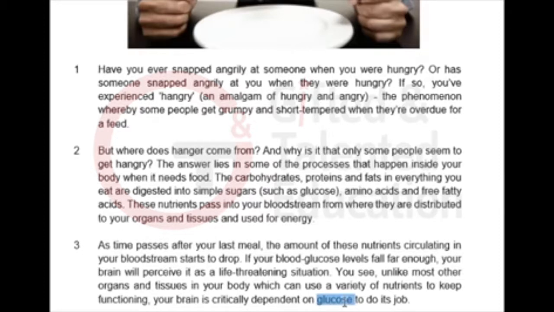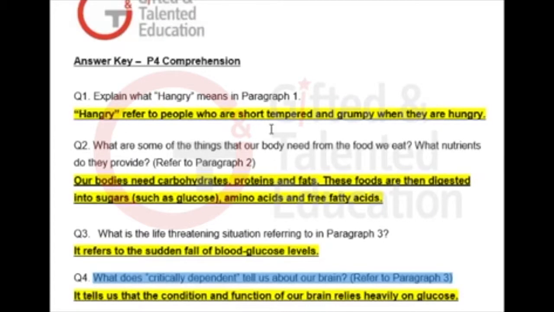Glucose is very important for our brains to function. So, let's go back to question 4. Here, it tells us how our brain relies heavily on glucose for its condition as well as function. There you go. Question 4.